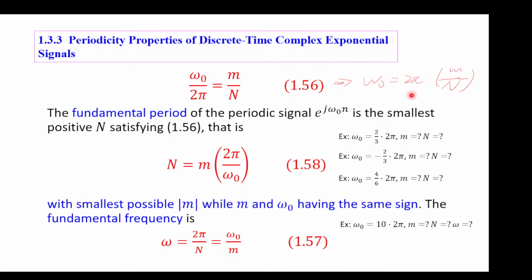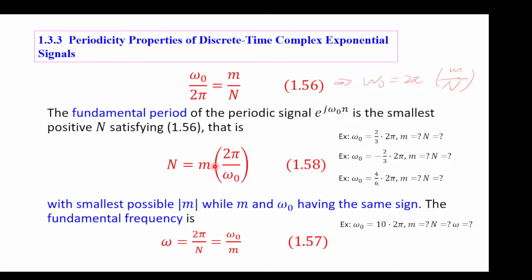If omega naught is 2 pi times 2/3, then what are m and N in this equation? Anyone want to answer? It should be really straightforward. So what's this m here? If omega naught is 2/3 times 2 pi, then you just match this equation where omega naught is 2 pi times m over N, and so your m over N should be just 2 and 3.